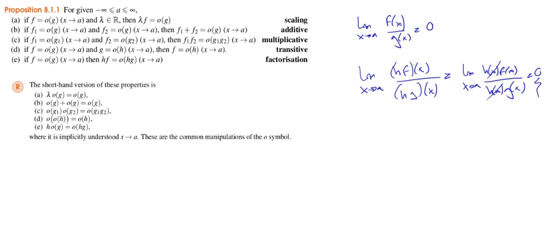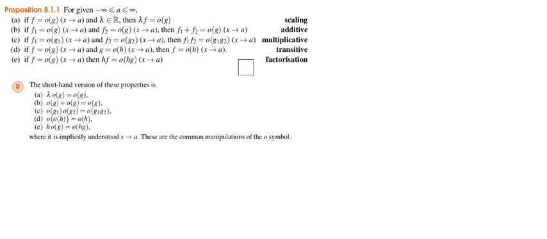So all of this, maybe this is very abstract, as we have been saying so far, but we have a very shorthand version of these properties that maybe is helpful. So we have small o of g multiplied by lambda is small o of g, right? Small o of g plus small o of g is small o of g. Small o of g1 times small o of g2 is small o of g1 times g2.